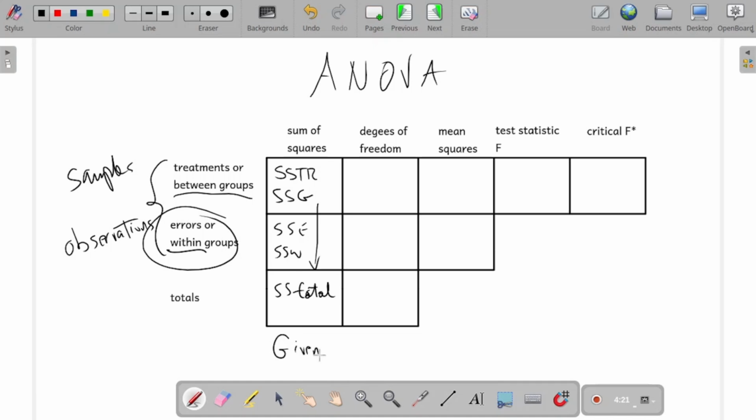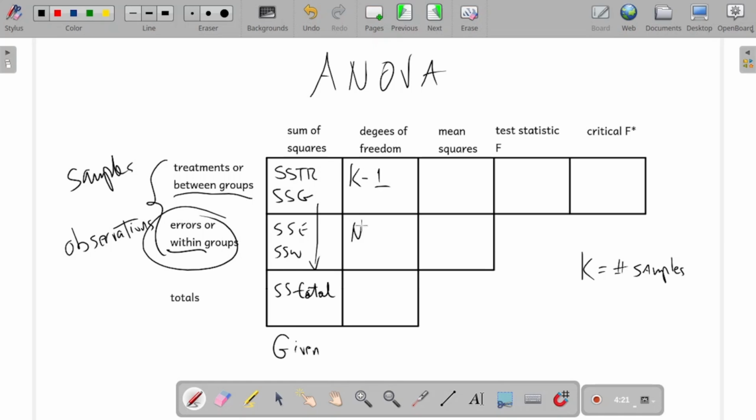Now, as far as the degrees of freedom go, this is based on sample size here. This will be k minus 1, where k is the number of samples, or the number of treatments, or the number of groups. So if you have 5 treatments, or 5 samples, you'll put a 4 in that box.